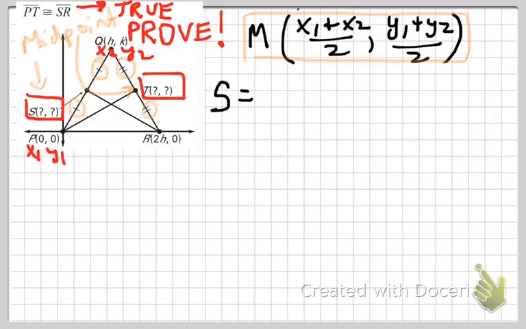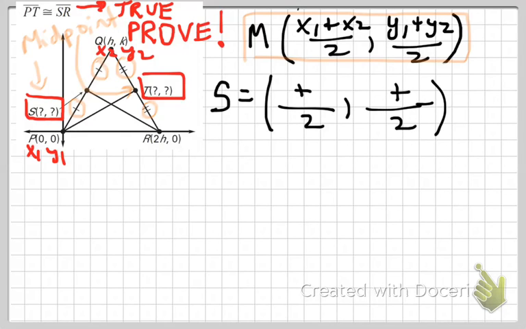The reason it's a proof is we don't have a lot of numbers in here. We chose zeros because those are easy, but we don't know some of those other things. So we're going to use that as it is, and we get S is the average of the x's and the average of the y's.